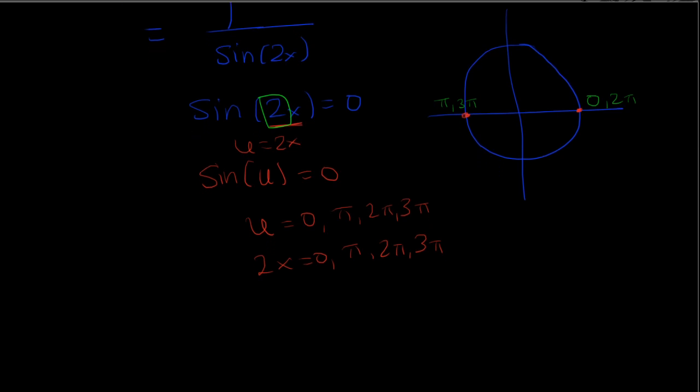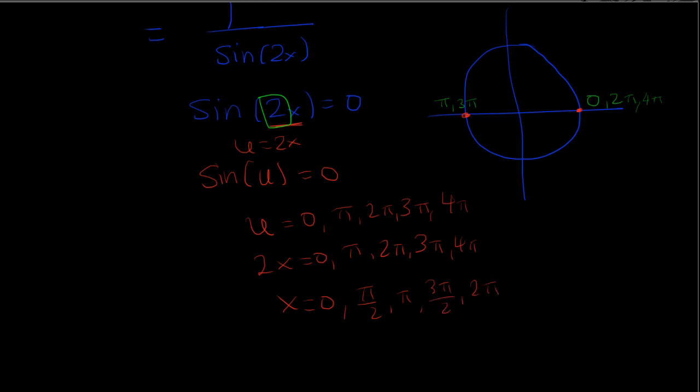And actually, we should say 4 pi as well. Wait, let's see. But I don't think it's going to matter at the end, though. So here we could just say 4 pi, because it's going to start repeating. So I think technically we don't need it, but it'll be fine. So x is 0, pi over 2, pi, 3 pi over 2, and 2 pi.